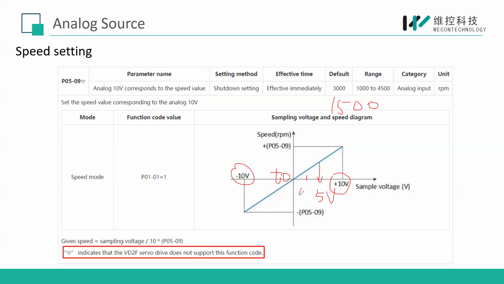And if the input voltage is only 1 volt, the speed will be 300 RPM, if we use the default setting. Then for example, if the input voltage is this one, then our speed will be this one.